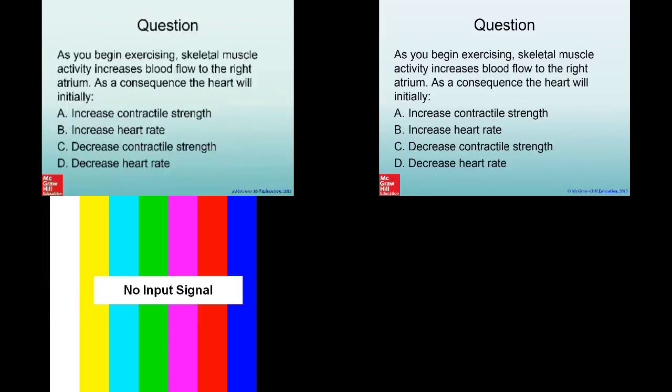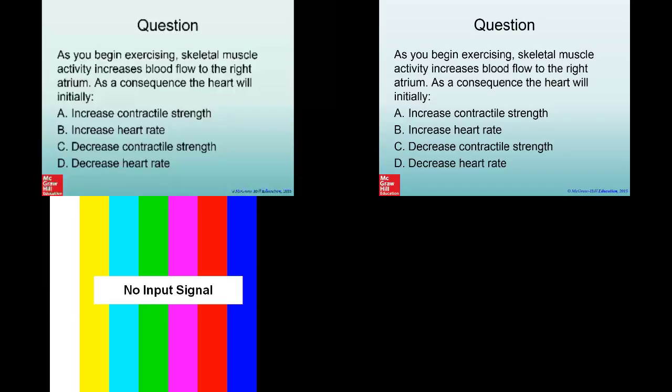So as you begin exercising, skeletal muscle activity increases. It squishes the veins in the muscle, forces blood back towards the heart. So that increases blood flow to the right atrium through the inferior vena cava.